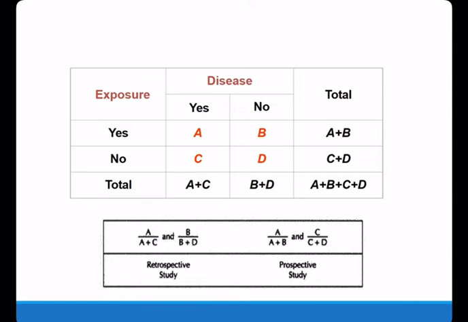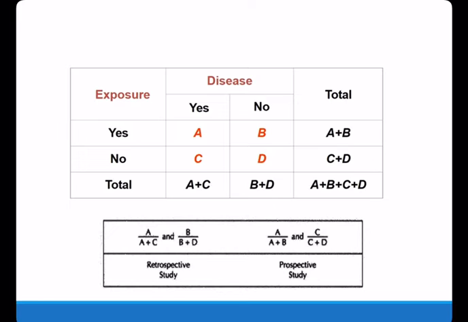Let's first take a look at this very familiar fourfold table that is usually described for cohort studies and case-control studies. If it is a retrospective case-control study, we organize this as the odds of the disease we want to calculate, while we are actually comparing the proportion of exposure in those with the disease with the proportion of exposure in those without disease.